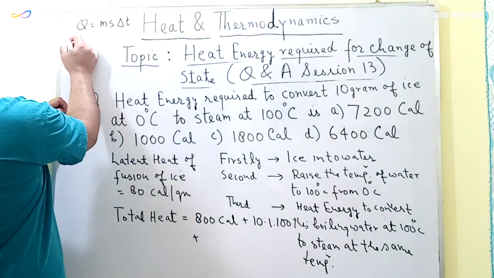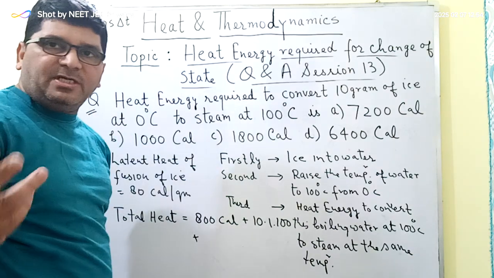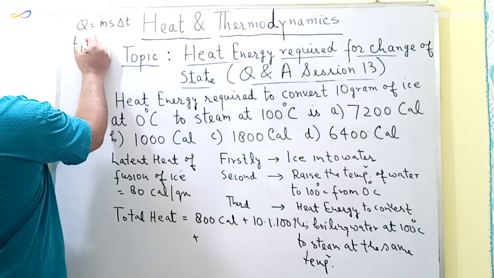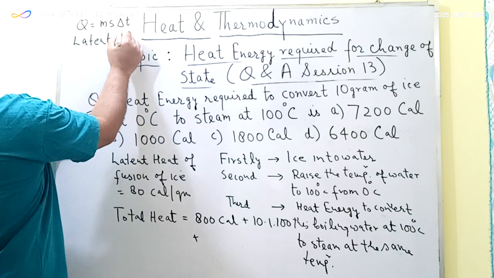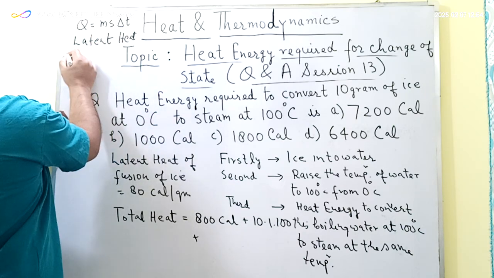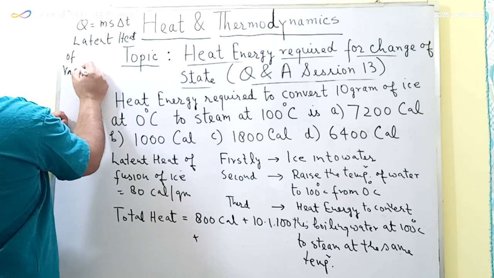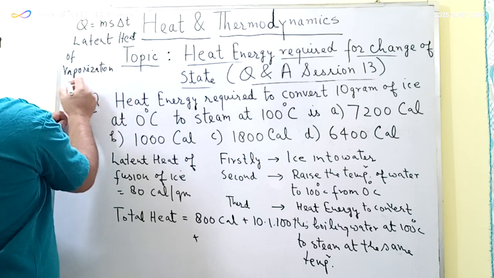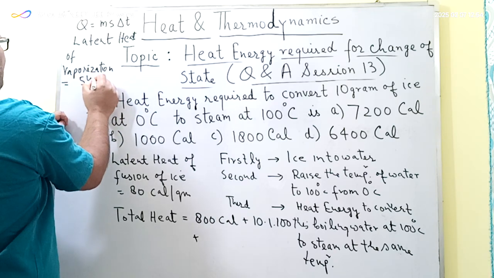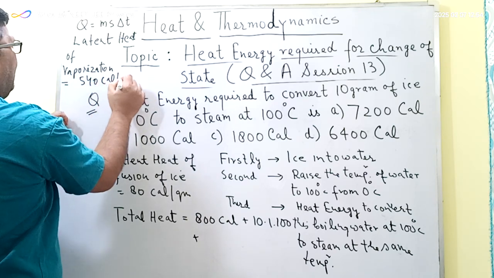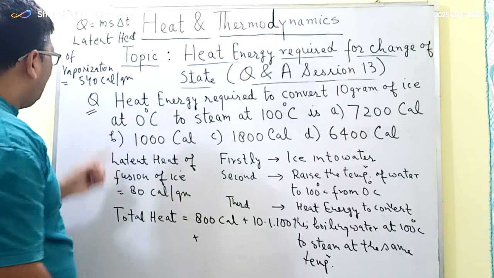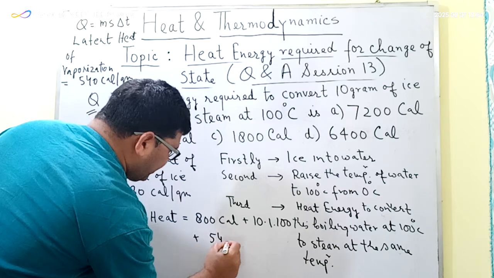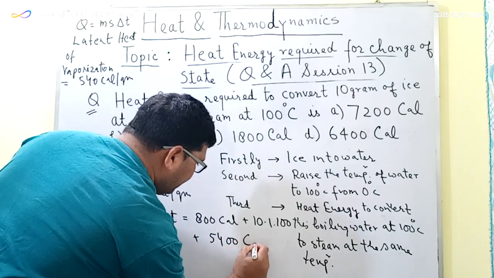The latent heat of vaporization of water is approximately equal to 540 calorie per gram. So for 10 grams of water, this will be equal to 540 into 10, which is equal to 5400 calorie.